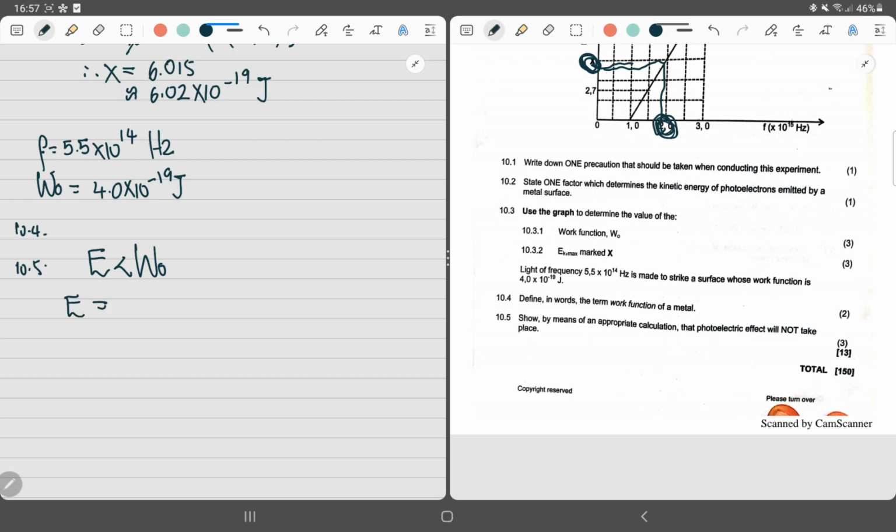So E is given as hf, and the frequency is 5.5 times 10 to the exponent of 14.